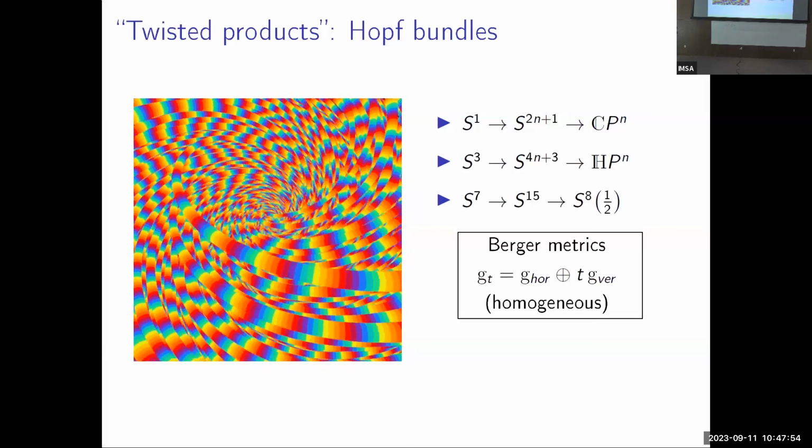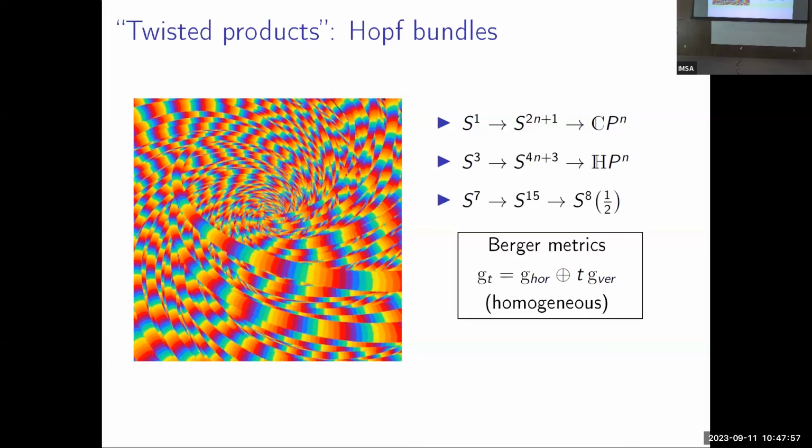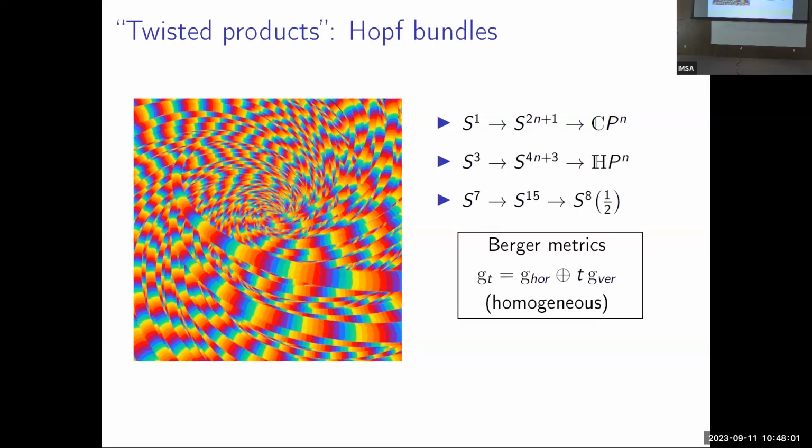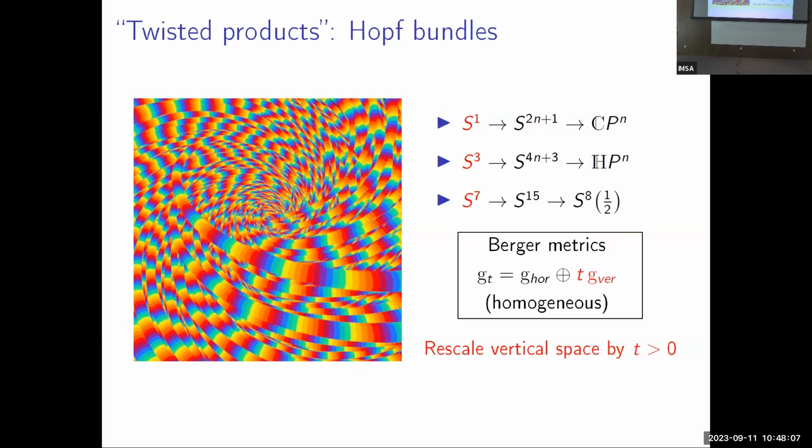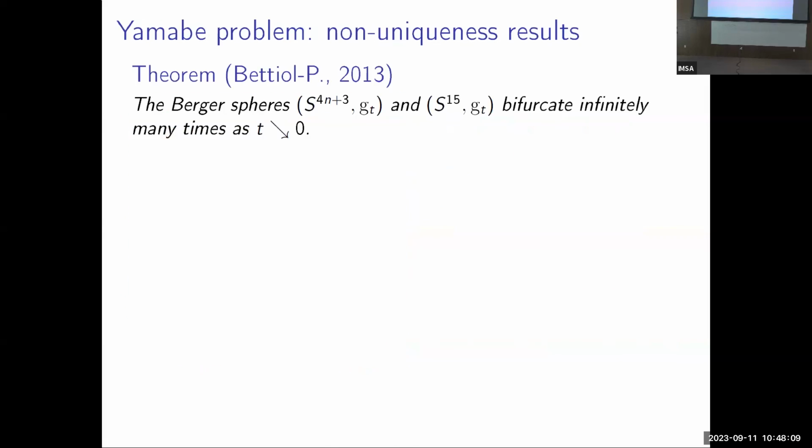This is just the round sphere, and you take another metric on the fiber, which is g vertical, and then you shrink the fibers again, and as t goes to 0, you rescale, you have infinitely many solutions as t goes to 0 again, using Berger.